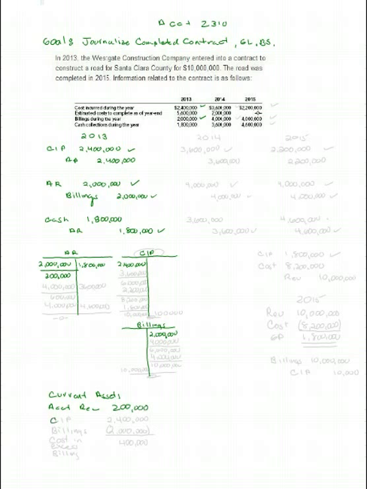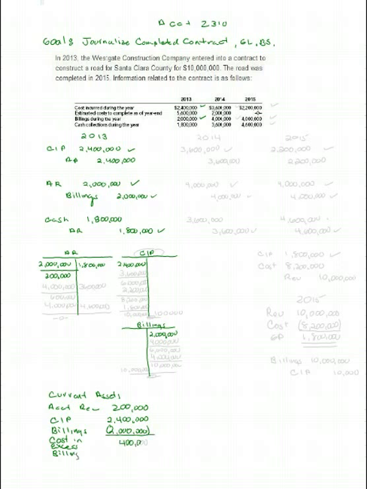Construction in progress includes $2,400,000, and billings are $2 million, a contra inventory account. Our costs in excess of billings is how it's written.